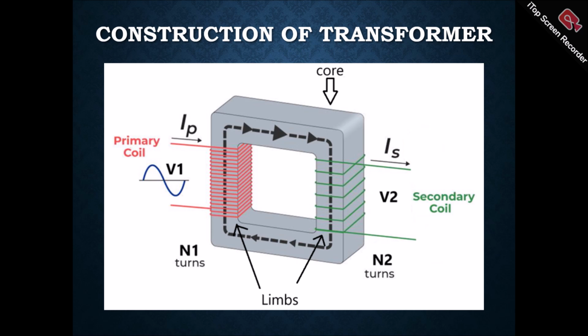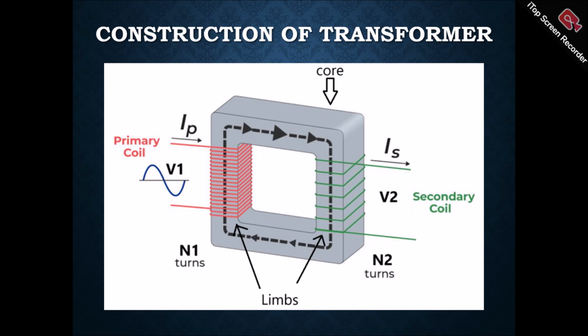And that coil will be referred as primary coil. And we are going to get output from the other coil, which will be referred as a secondary coil. And voltage will be referred as a V2 voltage. So V1 is the input voltage, V2 is the secondary voltage. V1 is also called as primary voltage and V2 is also called as secondary voltage.